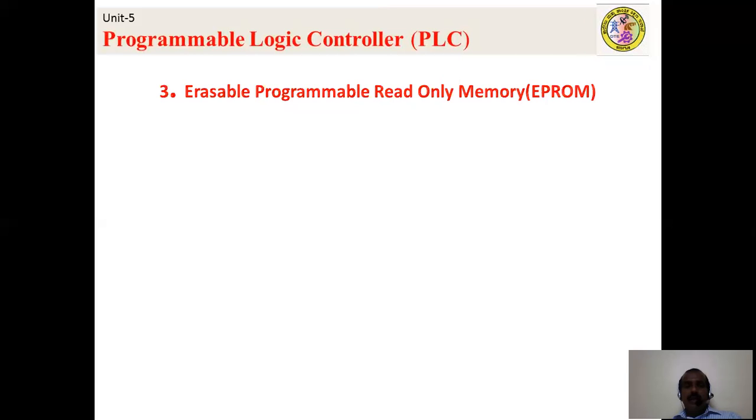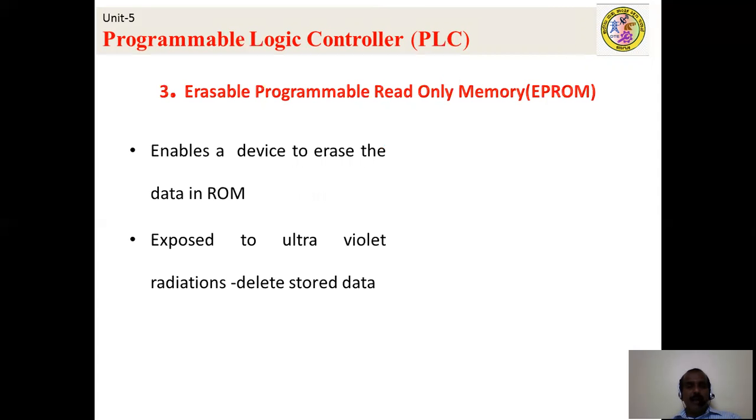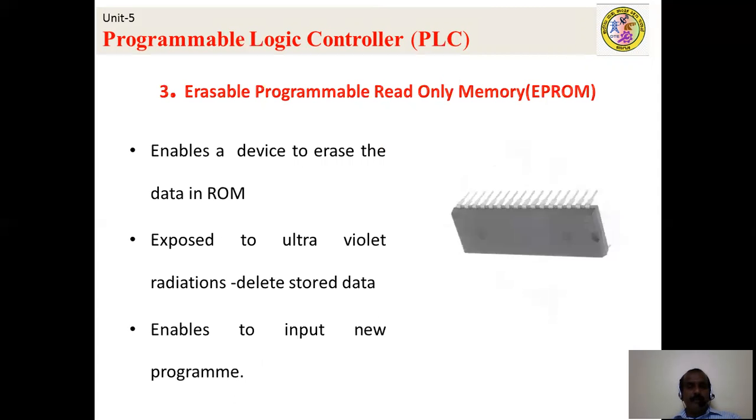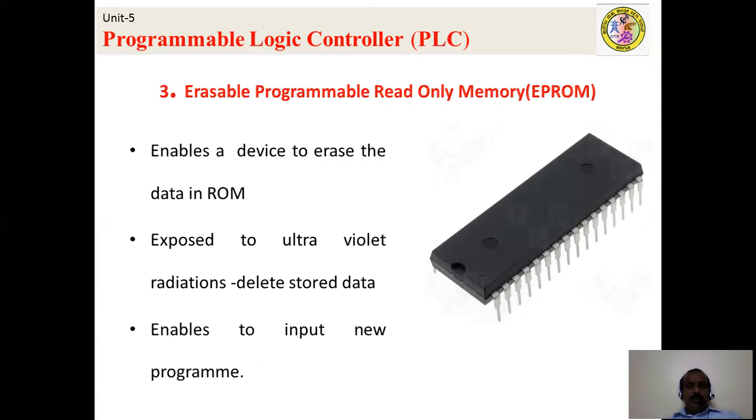Coming to the third one, erasable programmable read-only memory, abbreviated as EPROM. In EPROM we can erase the data in the ROM by exposing the EPROM to ultraviolet radiations, and we can also input the new program or the new data into the erasable programmable read-only memory.